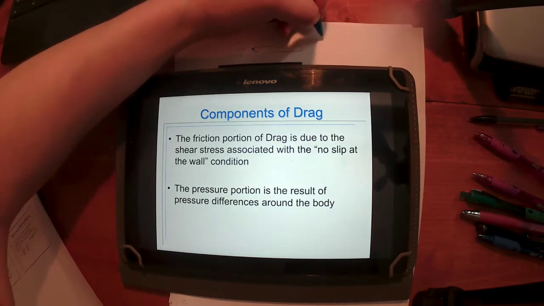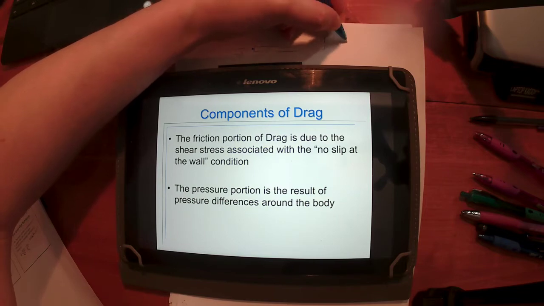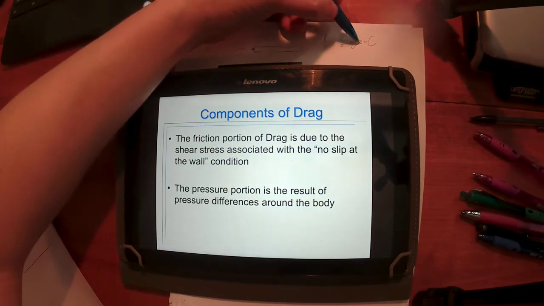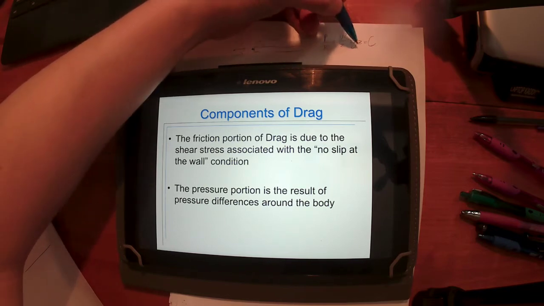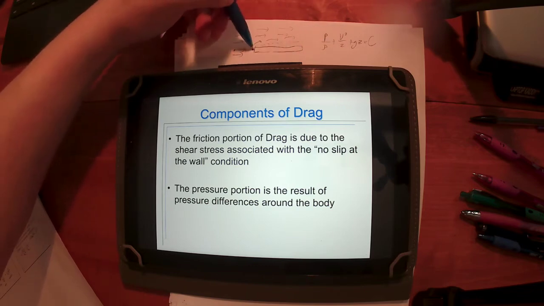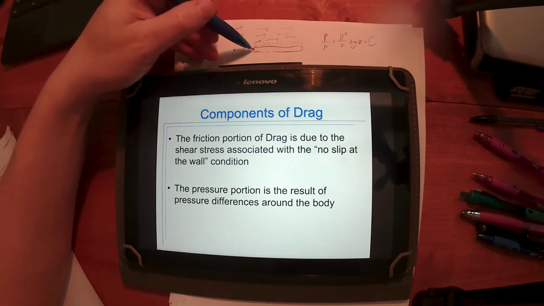Right? Bernoulli's equation says that P over rho plus V squared over 2 plus gZ is a constant. Well, Z doesn't change from here to here, and the speed changes. Here I've got speed, here I've got no speed. So what happens to maintain this constant? You have to increase the pressure.